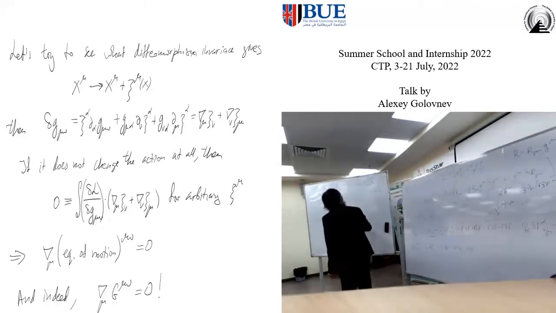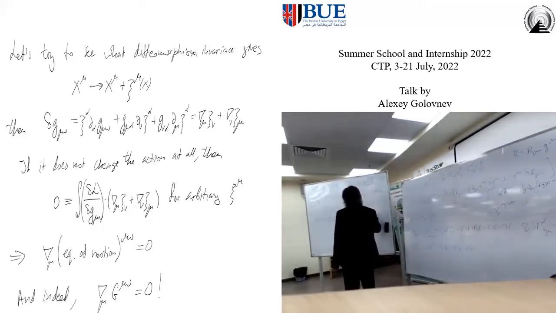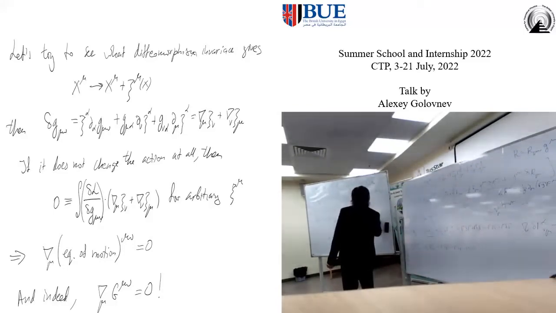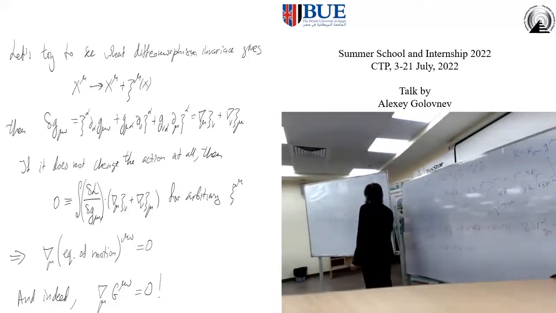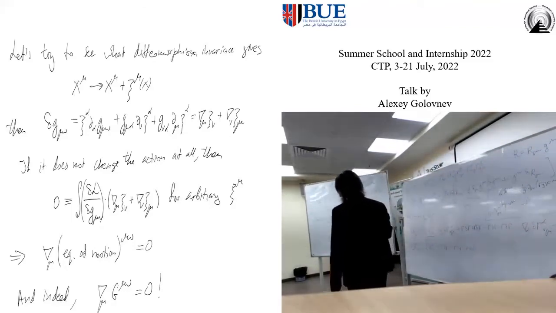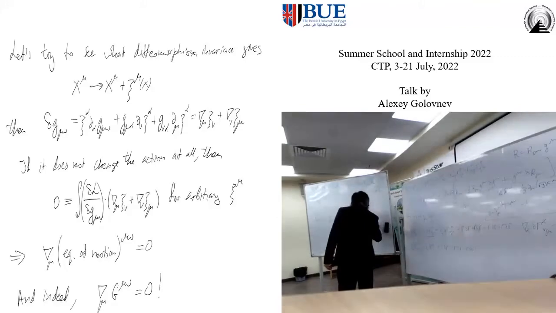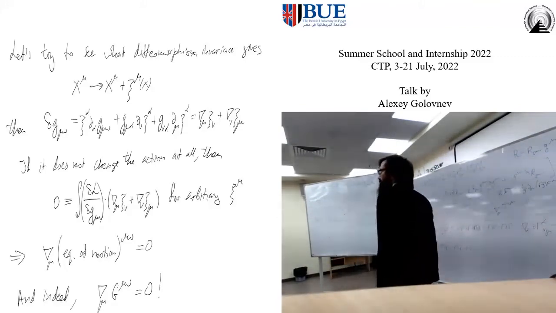And how can I look at that? I can say, okay, let's say that the new coordinates x are the old coordinates x prime plus some vector psi depending on these x prime coordinates. I can do it, right? Which means that ∂x^α over ∂x'^ν is like δ^α_ν plus derivatives of the psi, right?